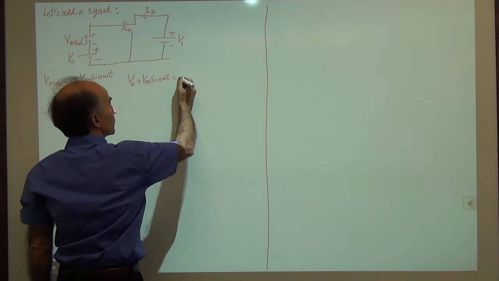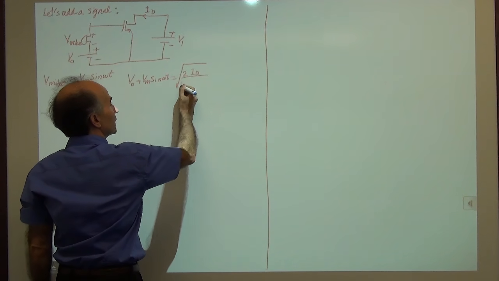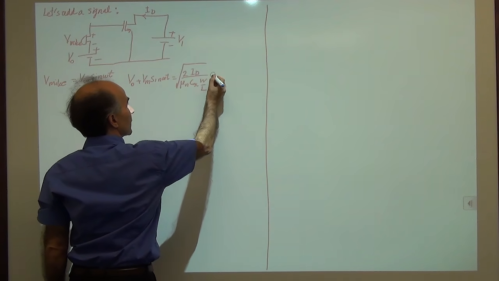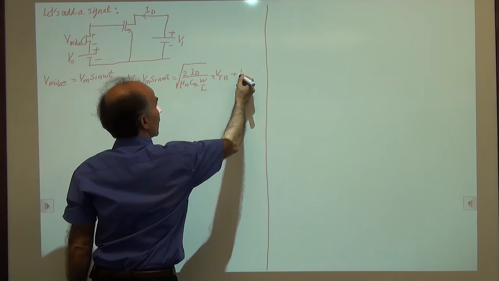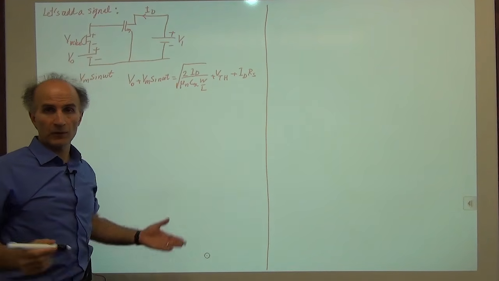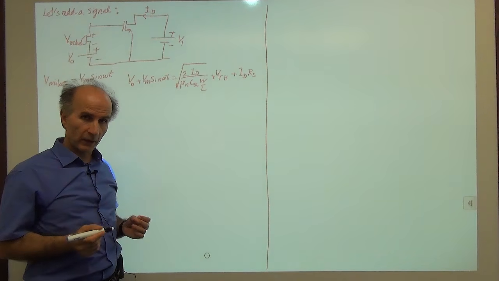We had the square root of 2ID over mu n Cox W over L plus the threshold voltage, and then plus ID times RS. Okay, so we simply replace V0 with V0 plus the signal from the microphone.